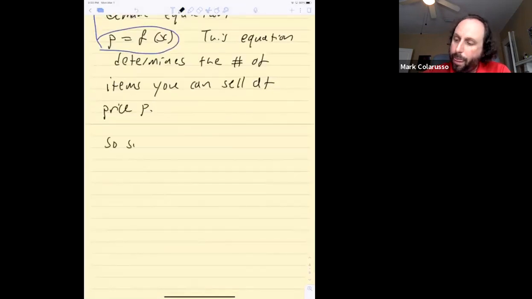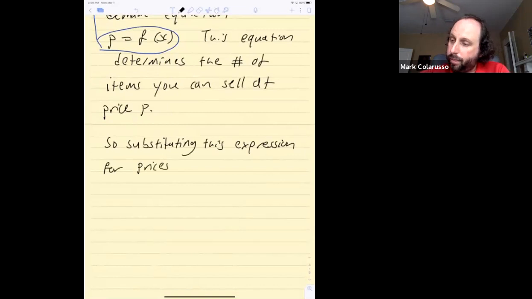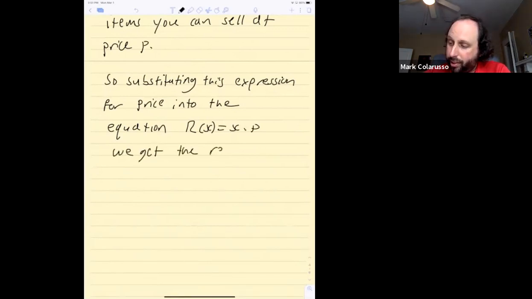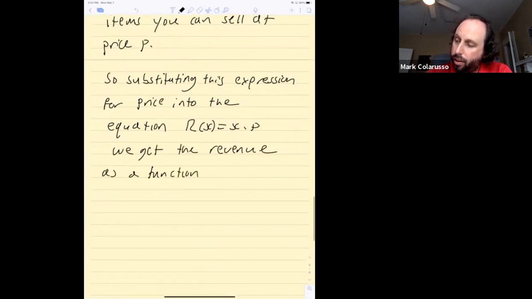So substituting this expression for price into the equation, revenue equals items sold times price, we get the revenue as a function of x, the number of items sold.